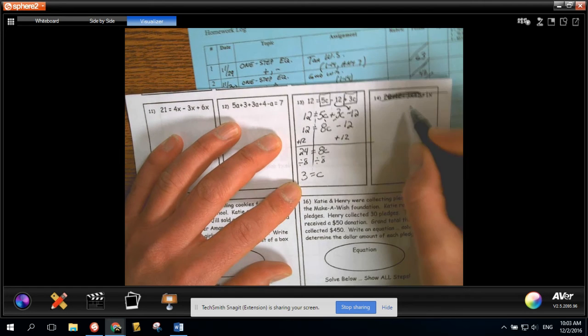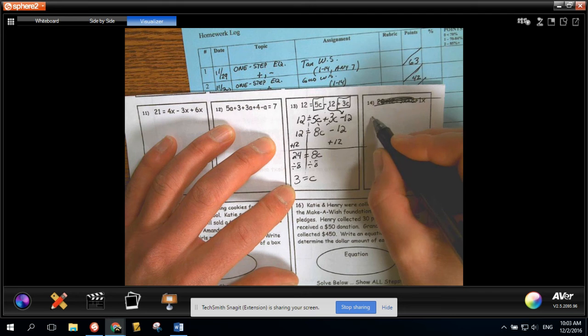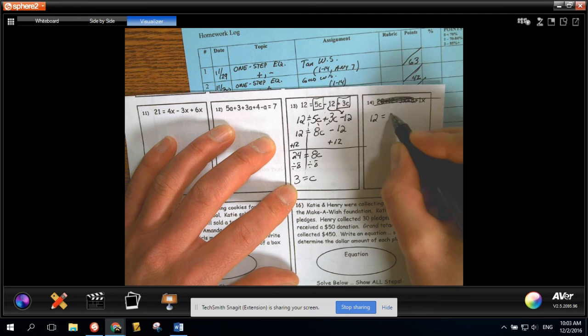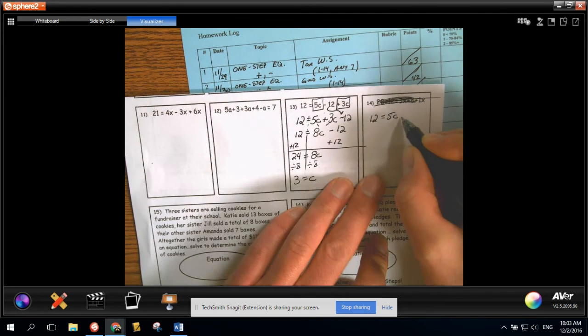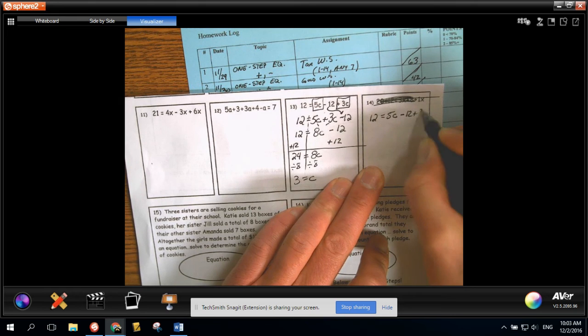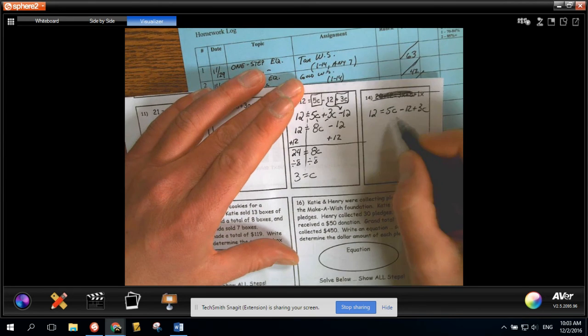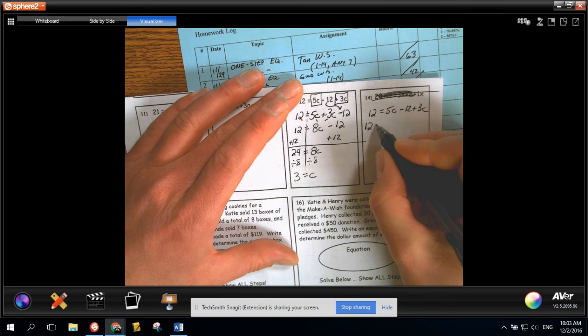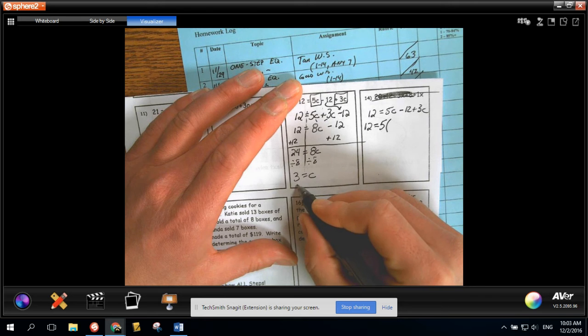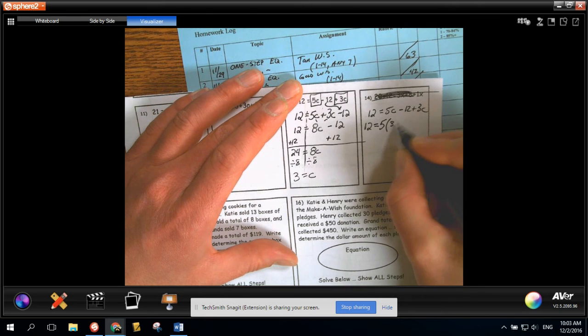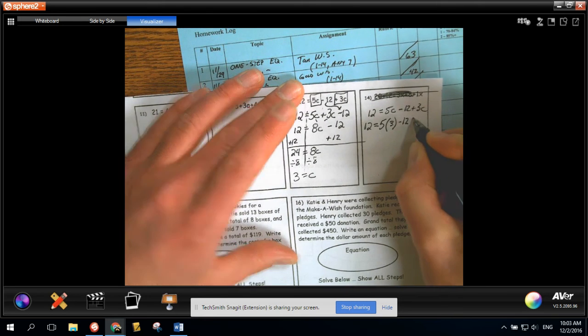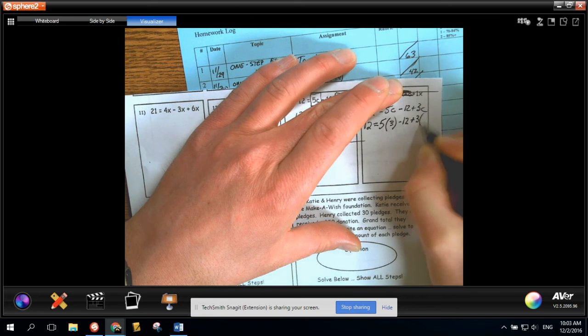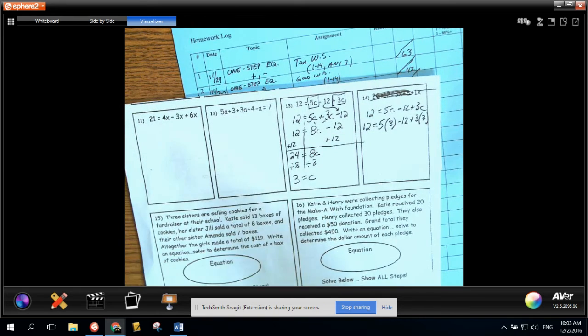Now for our check, we're going to come up here and copy down the original equation. So it was 12 equals 5c minus 12 plus 3c. And every time I see a c, I'm going to put in a 3. And from here, all we have left are just numbers, right?